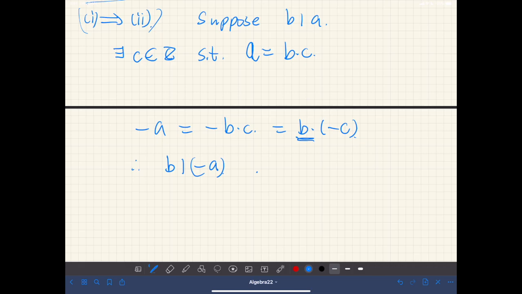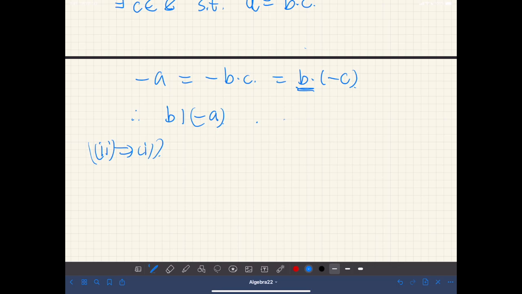But actually we can go just backwards, right? But anyway, next we prove the opposite direction, the converse. Suppose b divides negative a. Then there exists some integer c such that negative a is equal to b times c.